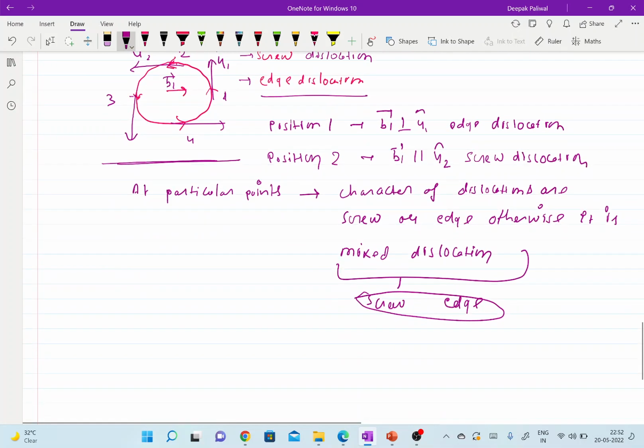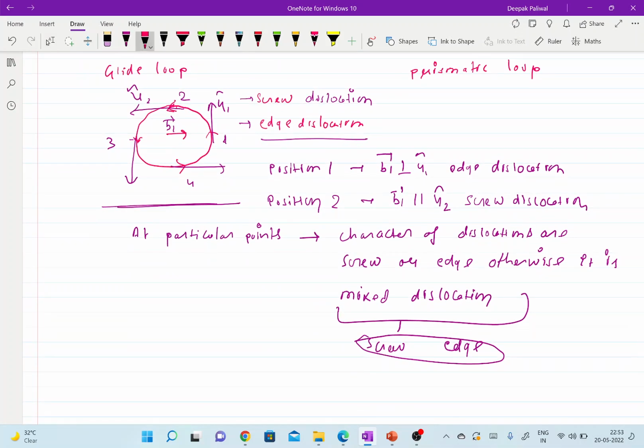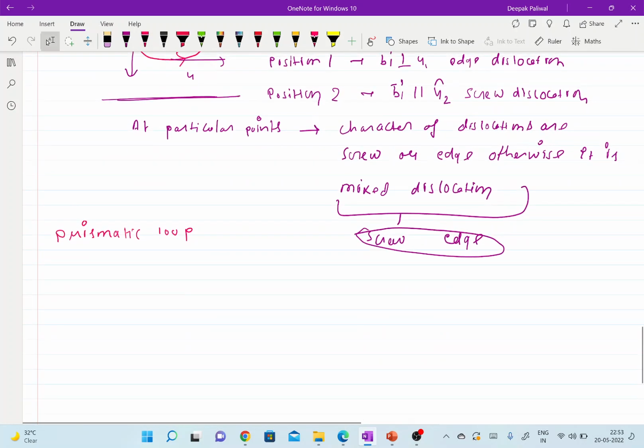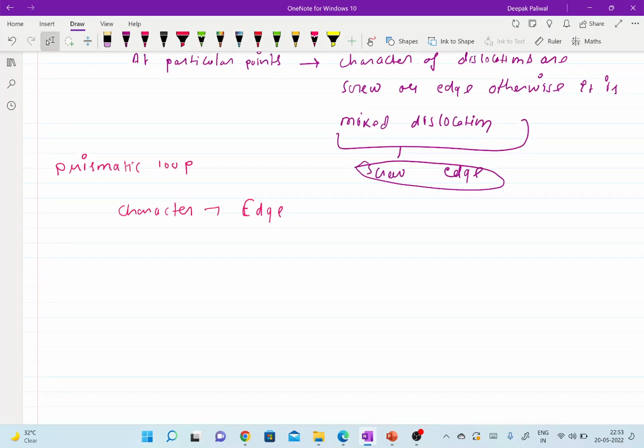Okay, another loop is your prismatic loop. Prismatic loop is important because it has only one character, that is edge character. So how is this kind of loop forming? Suppose you have a loop, and your Burgers vector is perpendicular to the plane of paper, in the direction of the plane normal.